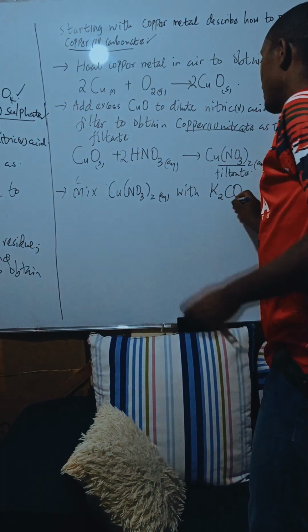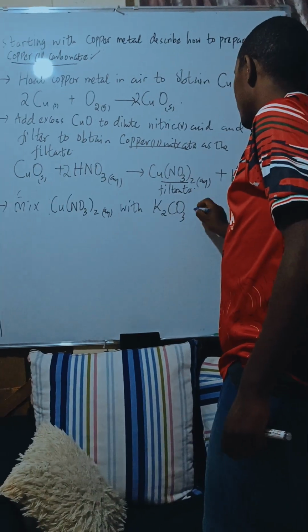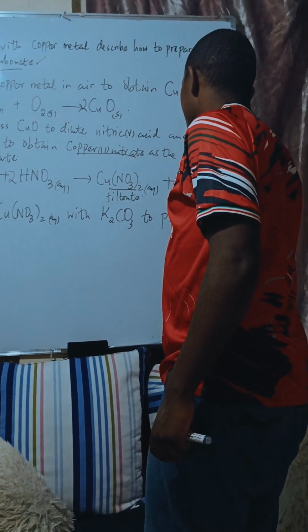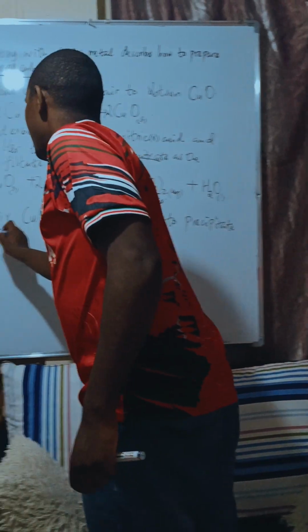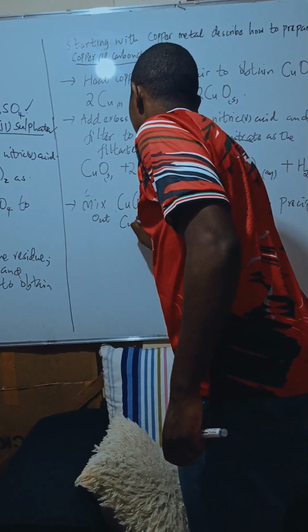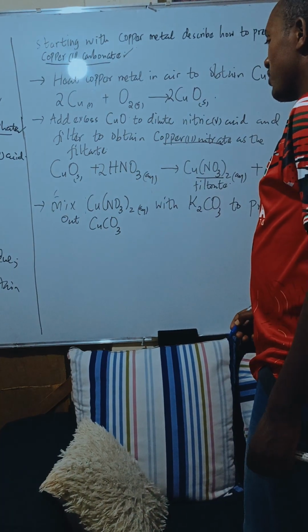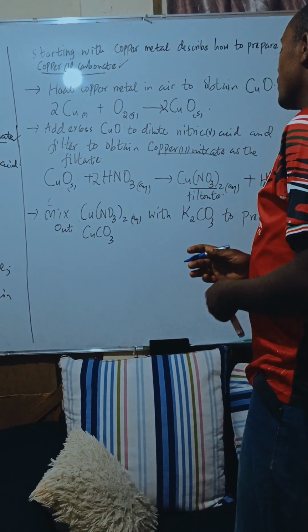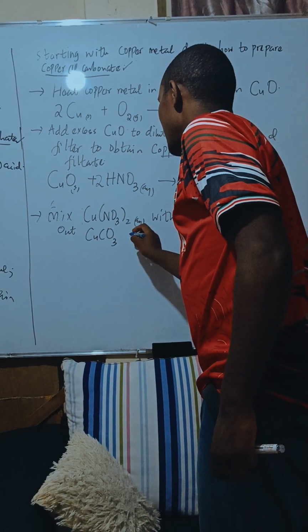Mix copper nitrate with potassium carbonate, which is soluble, to precipitate out copper carbonate.